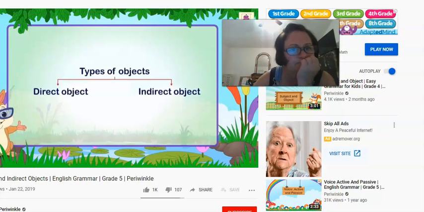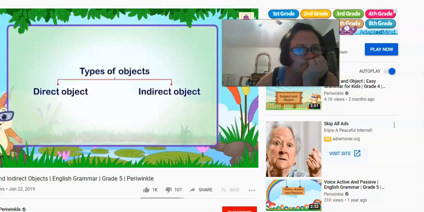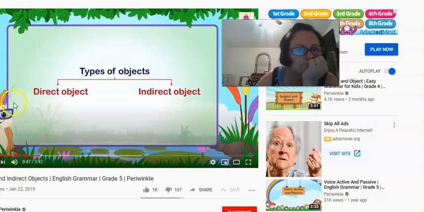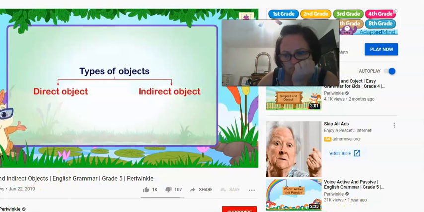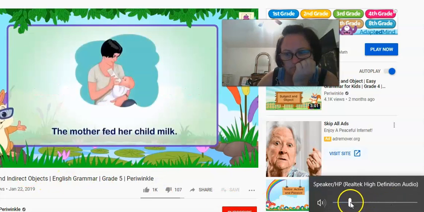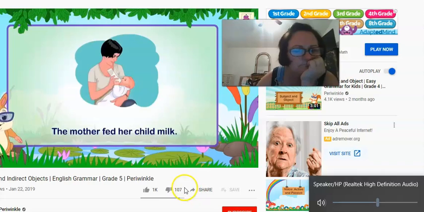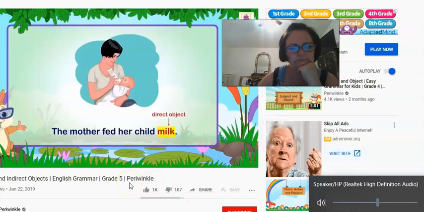There are 2 types of objects within a sentence: a direct object and an indirect object. For example, the mother fed her child milk. Here, milk is direct object and her child is indirect object.